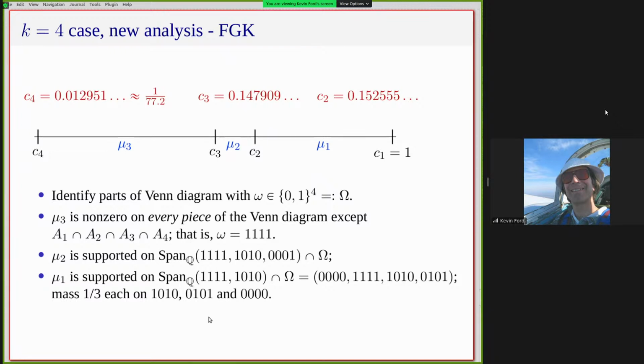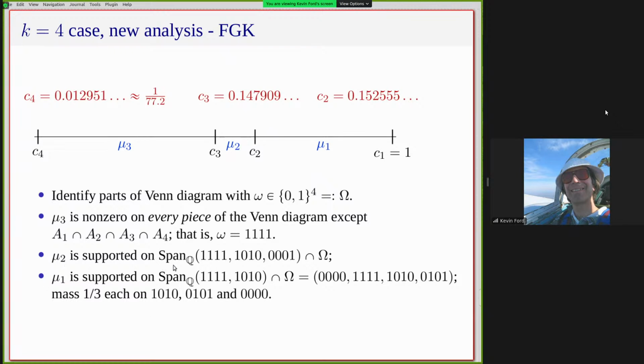It's a little bit hard to put that all on one slide because we're using every piece of the Venn diagram, which is all 16 pieces except for the full intersection piece. But there's also some linear algebra going on behind the scenes.